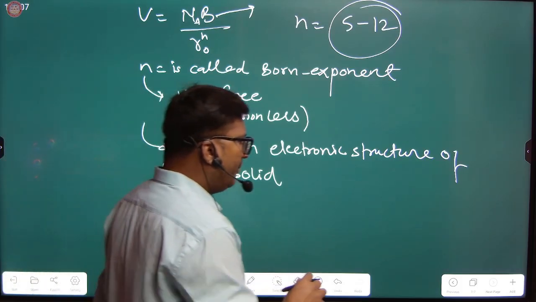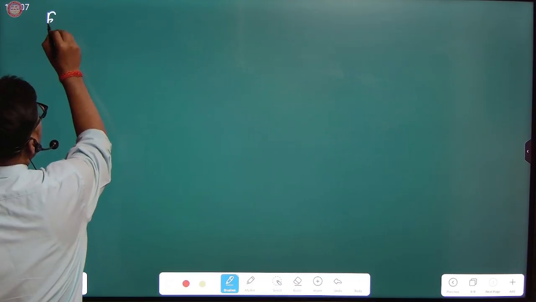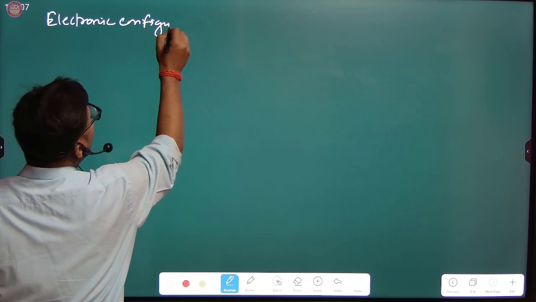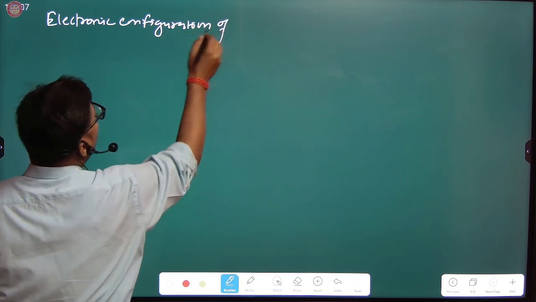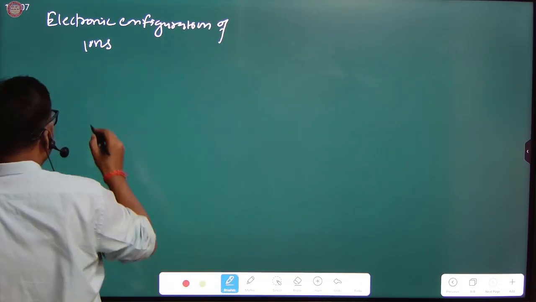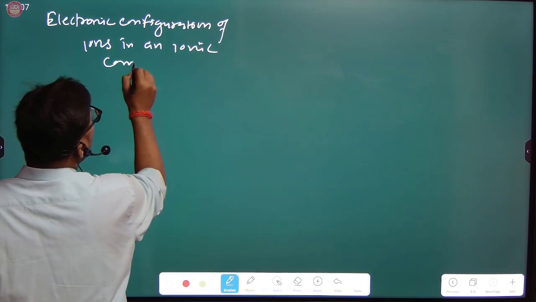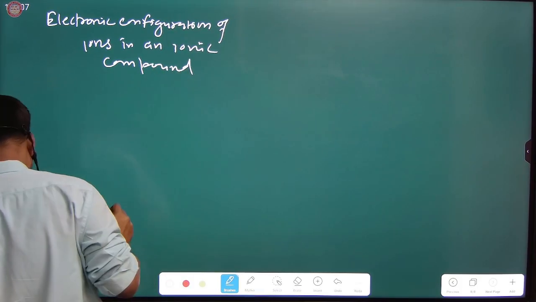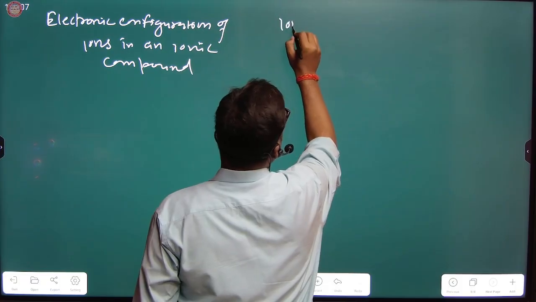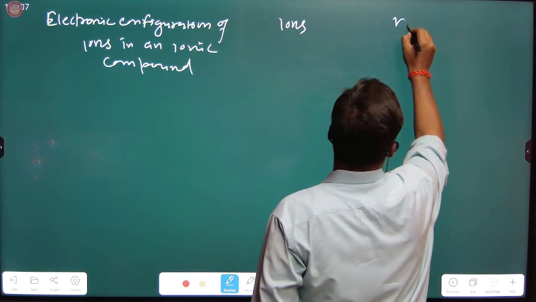Suppose we have data on the electronic configuration of ions in an ionic compound, with examples of ions, and this is the n value.